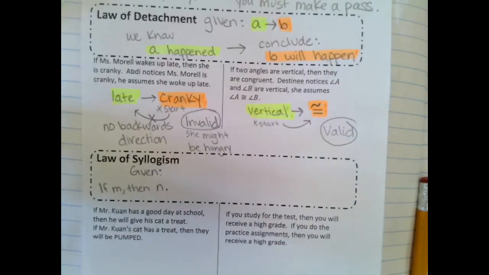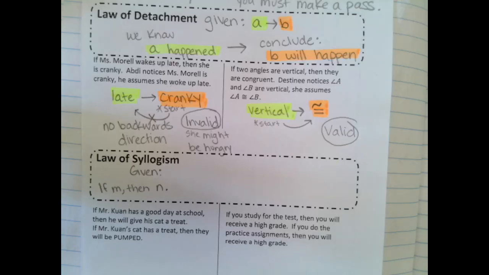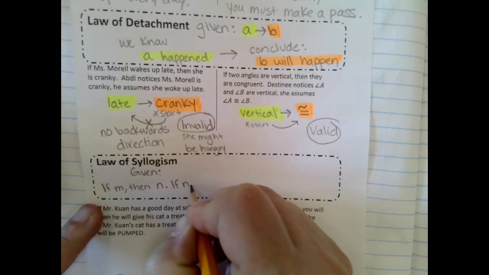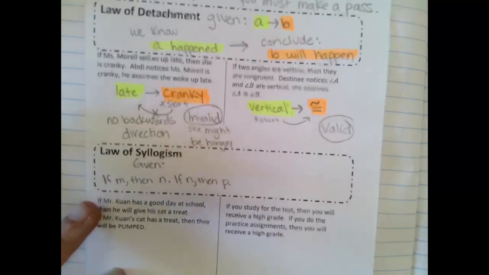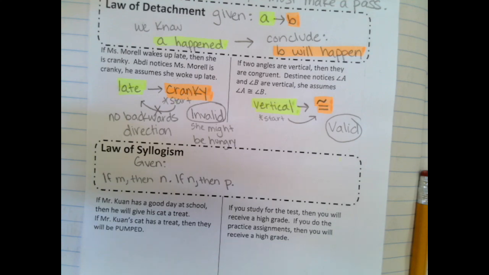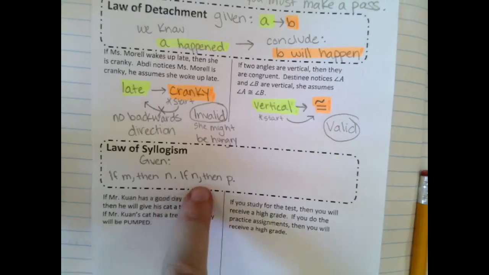If M leads to N, and then our second sentence is if N, then P. So if we give a mouse a cookie, they're going to want milk. Then if you give the mouse milk, they're going to want a straw. Okay, M leads to N, but then N leads to P.